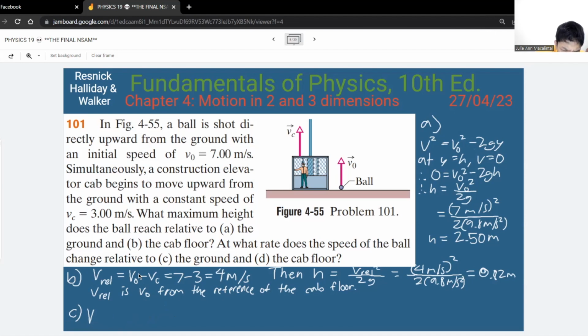Instead of using V_C, for clarity, let V bar be the velocity measured by the cab.